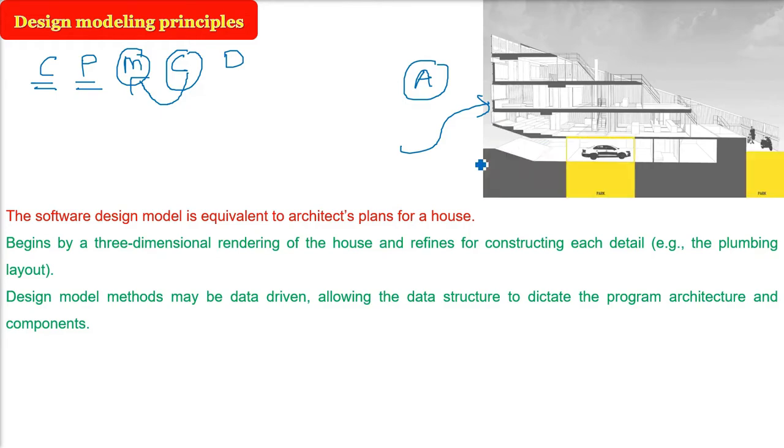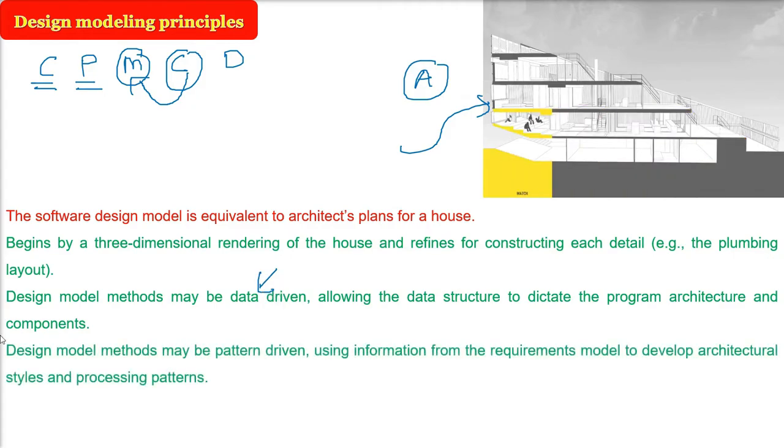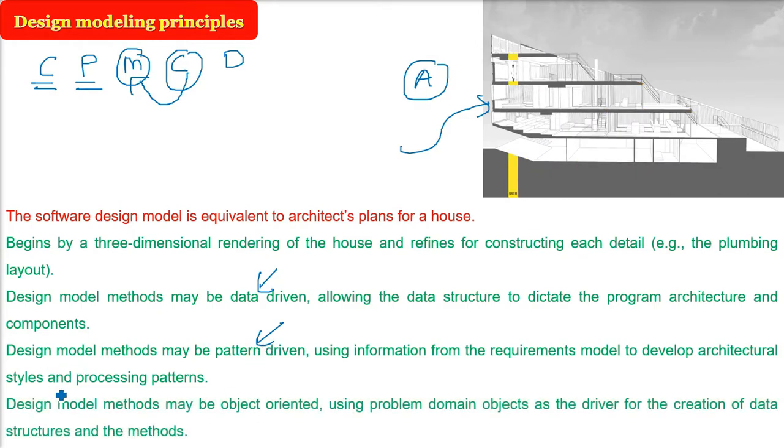Now design model methods may be driven by various aspects. Whatever method you use to design the model, it can be data driven, it can be pattern driven, or it can be object oriented. When you are making software and the design model is data driven, everything is data.